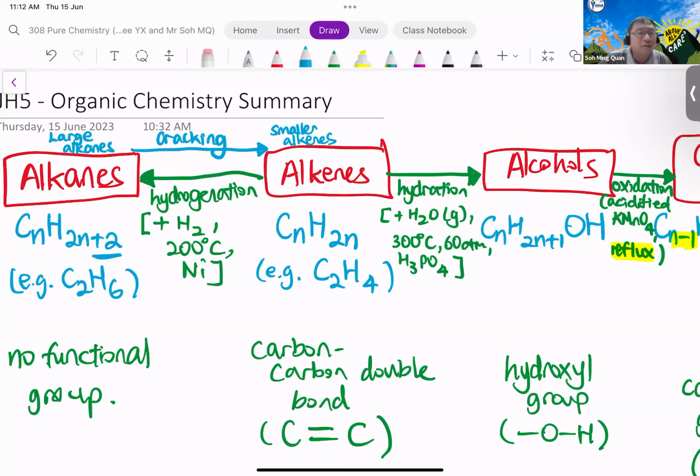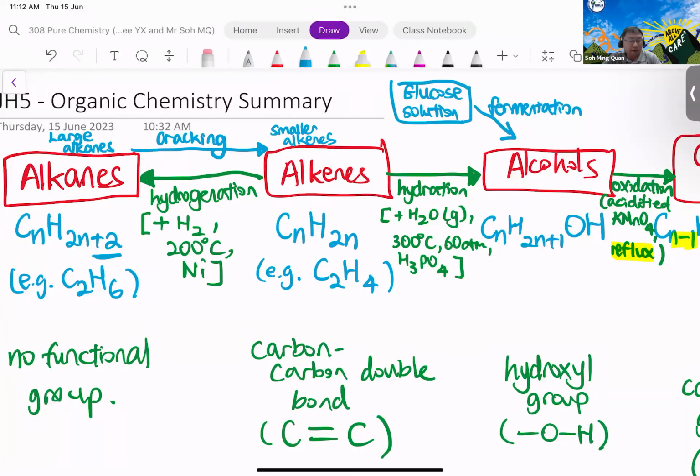Alcoholic beverages are not made by hydration. Alcoholic beverages, alcoholic drinks, are made through fermentation. So glucose solution can undergo fermentation.